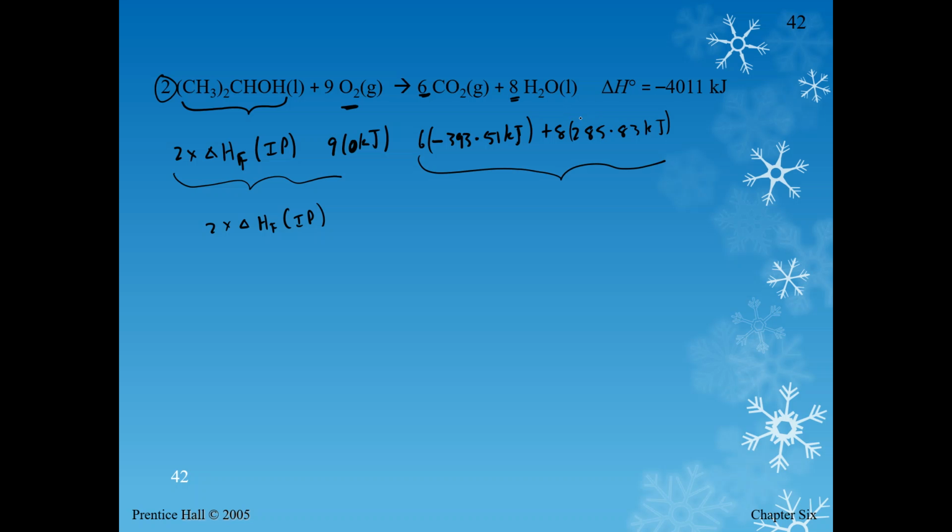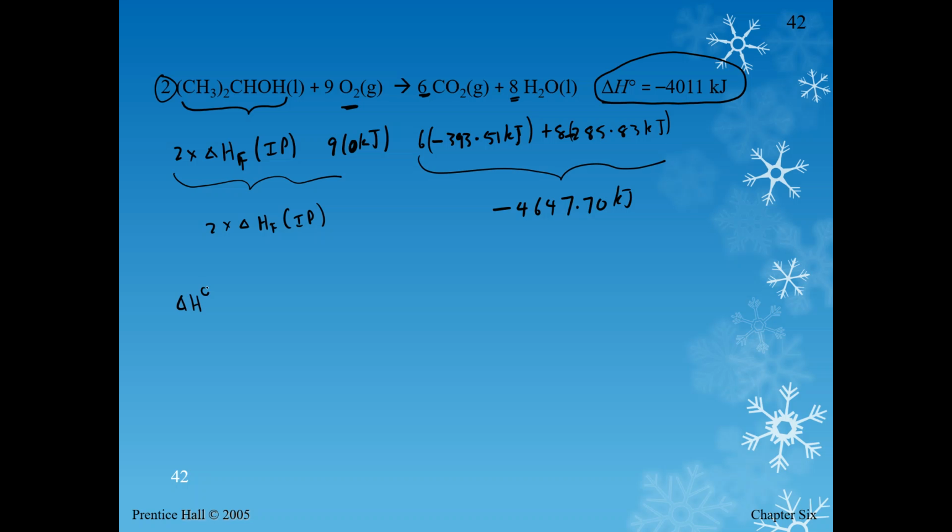This should be minus 285. So this should be a minus sign here. All right. So minus 285.83 times 8. So according to my calculations, the total on this side would be minus 4,647.70 kilojoules, all right?